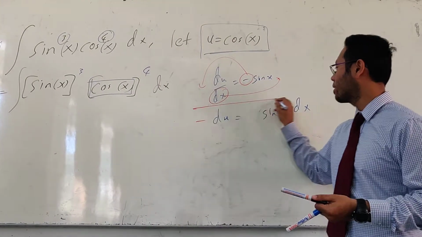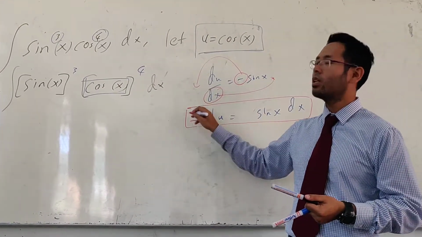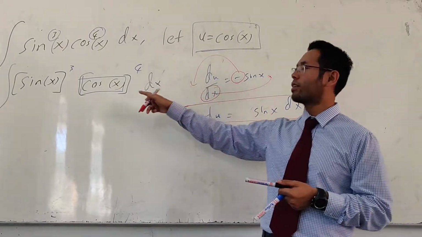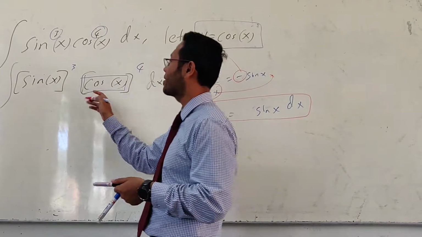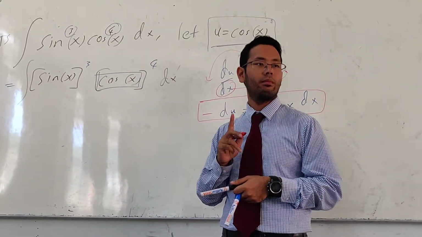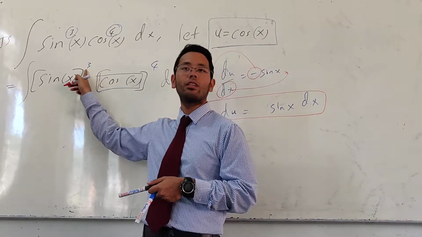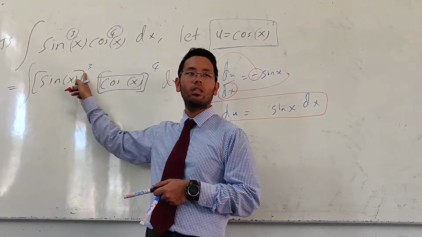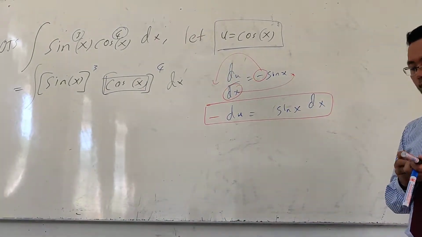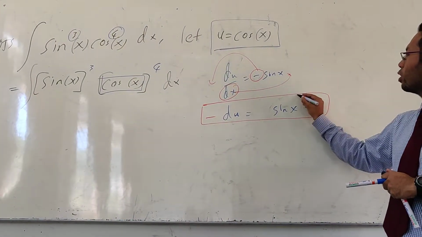What about this thing? Substitute over here, sin x dx. There's a sin x here and a dx here. But this one is to the power of 3. Some people say, sir, can we just cube this thing?